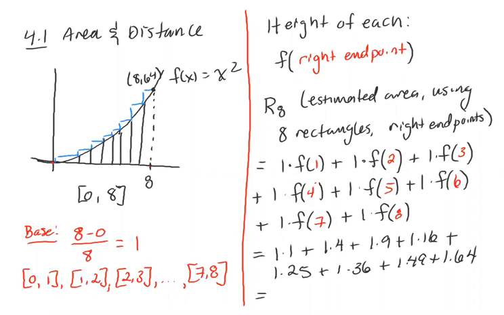So if I add all of those together, I get the right sum, which is 204. I was using the right endpoints for this.